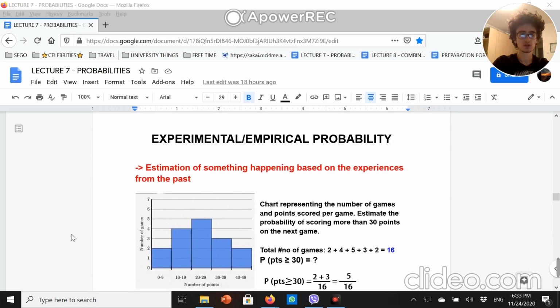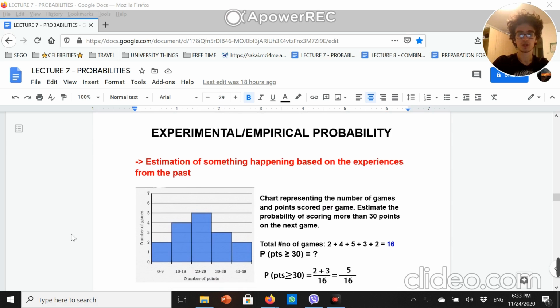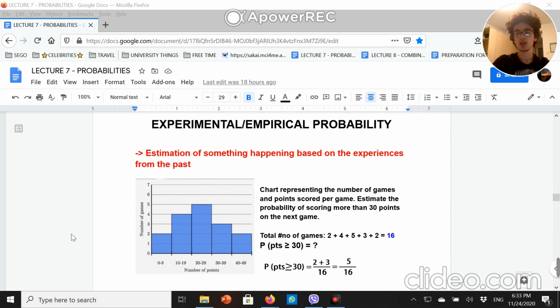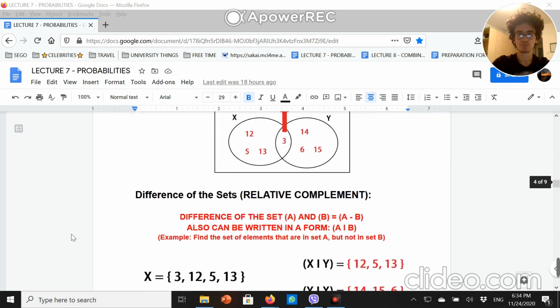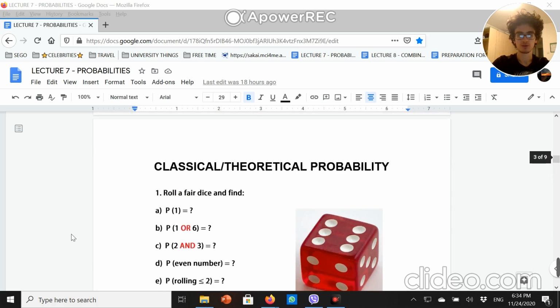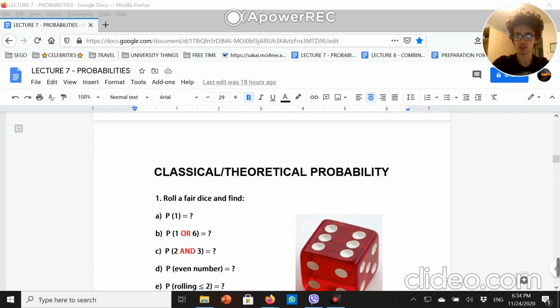Now let's move on to the experimental, empirical probability. It is the estimation of something happening based on the experiences from the past. And please note, when we're talking about these probabilities, there is another type of probability that we will look at in a second. The first probability that we've done, which is the theoretical or classical probability, is the most accurate one.